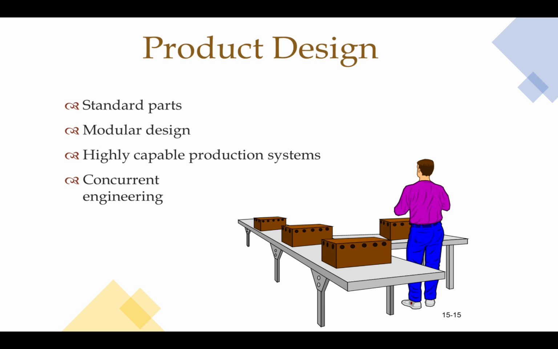Fine. Third thing is highly capable production system. Now this is very essential for the JIT system, because if we have poor quality, it is going to create major disruptions. Quality needs to be built in the process as well as in the goods also.